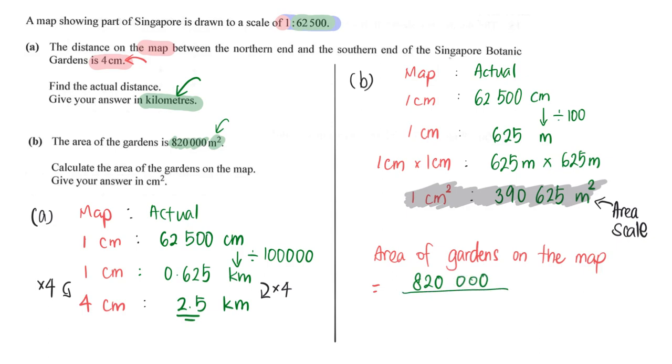I just need to divide by the scale. Then I will know how many cm square is that on the map, and it is an exact value of 2.0992 cm square. And we are done for this question.